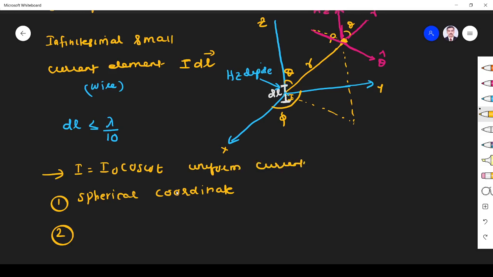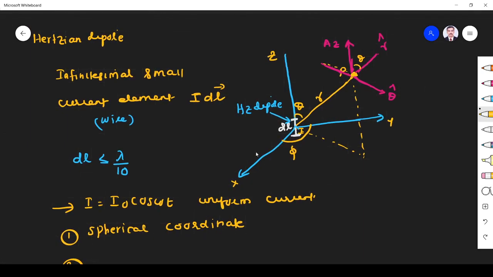Now I want to find the radiation at this point P, which is located at a distance of R from the antenna. My antenna is at the origin, and P is where I have to find the radiation. So the distance between the observation point and the antenna is R.